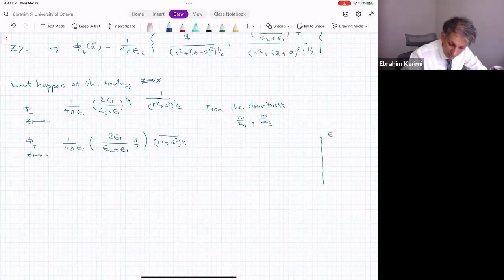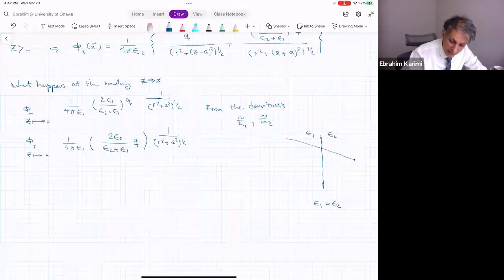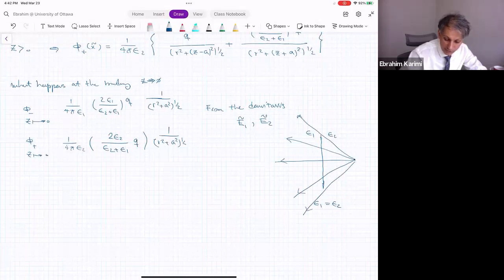So this is material number 2, this is material number 1. What happens if material number 1 is equal to material number 2? Then we are expecting the electric field to be continuous here. I'm not getting any surprising fact for the charge, which I assume is positive, if you place it here.